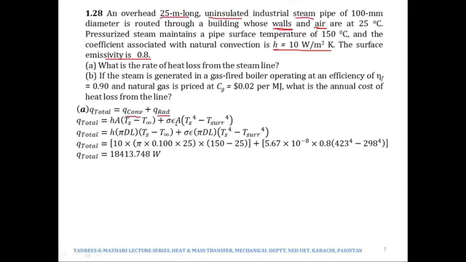The convection heat transfer will take place between the outer surface of the pipe and the surrounding air, whereas the radiation heat transfer will take place between the outer surface of the pipe and the walls of that building.